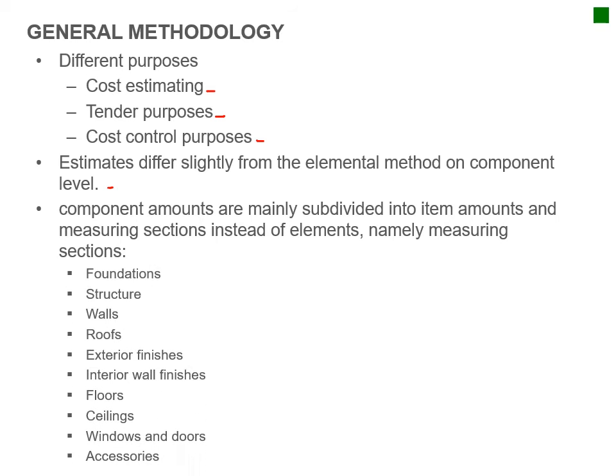So if we go through that, you've got your foundations, structures, walls, roofs, exterior finishes, interior walls, floors, ceilings, windows, and your accessories. And the main difference here is you measure items instead of components. So you measure specific items in the bill instead of breaking them down or grouping them in your different sections together.